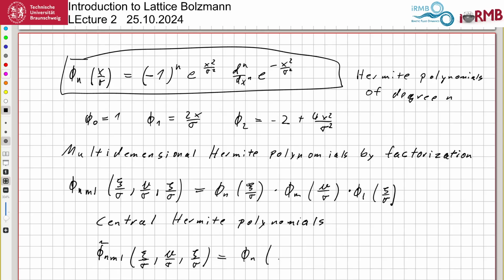So we get these by just doing the Galilean transformation. We subtract ux from xi. We subtract, now this is upsilon, sorry, this is upsilon, we subtract uy from it, and from the last one we have zeta minus uz, divided by sigma.